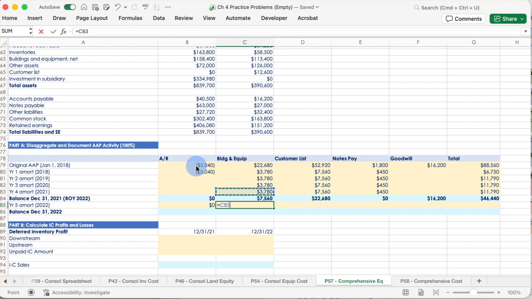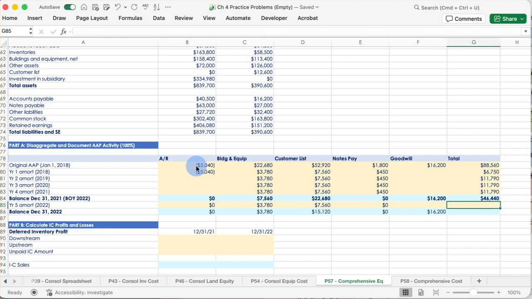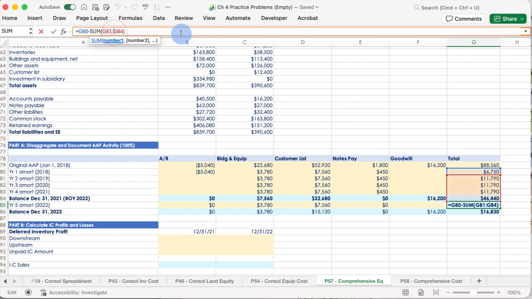We can grab these from above if we'd like and pull that right. Notes payable needs to be 0 because we can't take it down any further. And then we'll take our balance minus the amortization and pull that to the right. I do not like that sum.